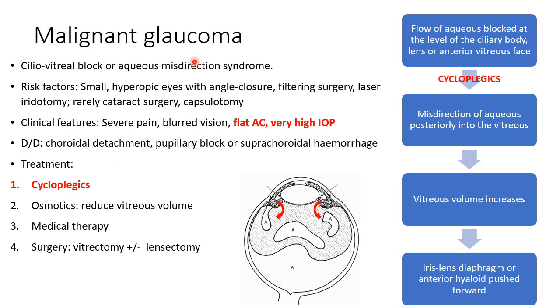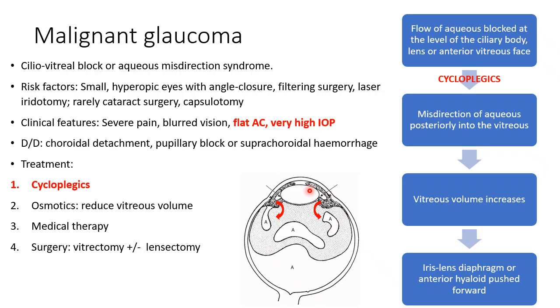The last one and the most important one is the malignant glaucoma, also known as ciliovitreal block or aqueous misdirection syndrome. Now understand what happens. Here, because of some abnormality, the aqueous, which normally flows this way, starts flowing backward into the vitreous and starts to increase the vitreous volume.